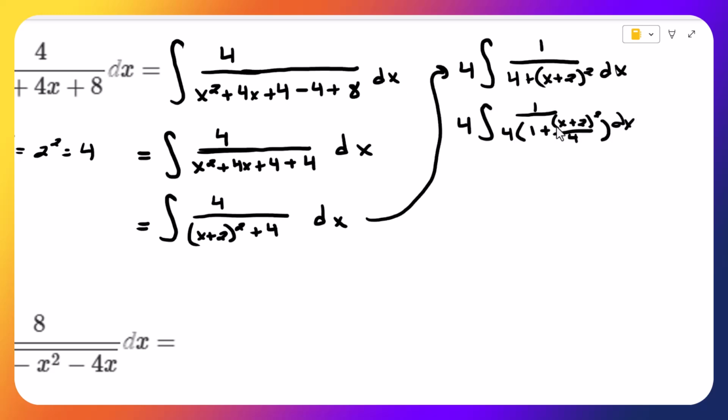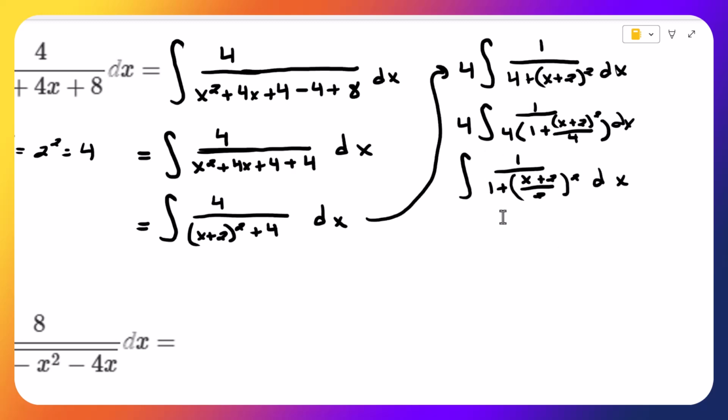So I pull out a 4, and now I'm going to rewrite this to get it as a 1. And also 4 divided by 4, I'm just going to simplify that to 1. So we get 1 over 1 plus x plus 2 over 2 squared dx.